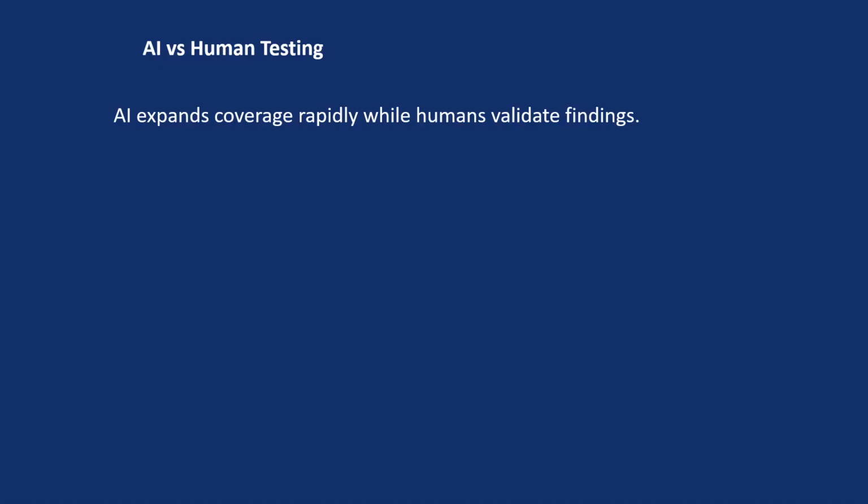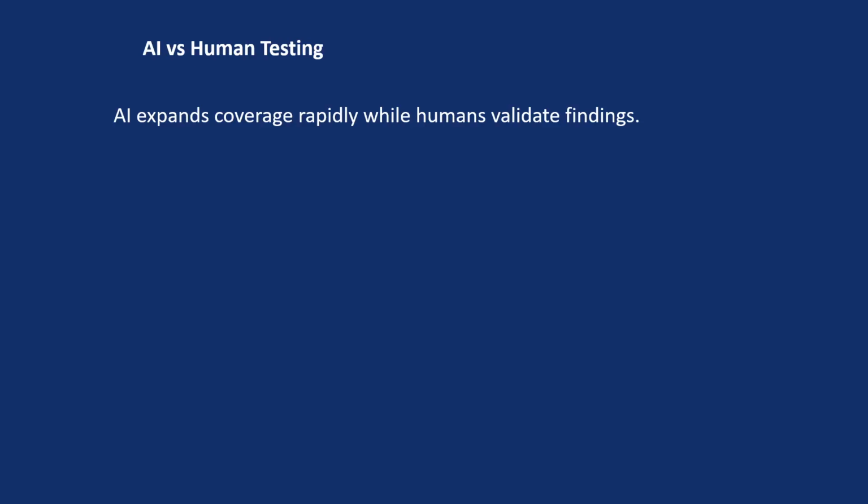So if we talk about human versus AI comparison, AI expands coverage rapidly while humans just validate the findings. If you see here, human testing basically always goes with few test cases, but AI testing will go with hundreds of cases. Human testing focuses on the happy path and AI testing focuses on break scenarios.